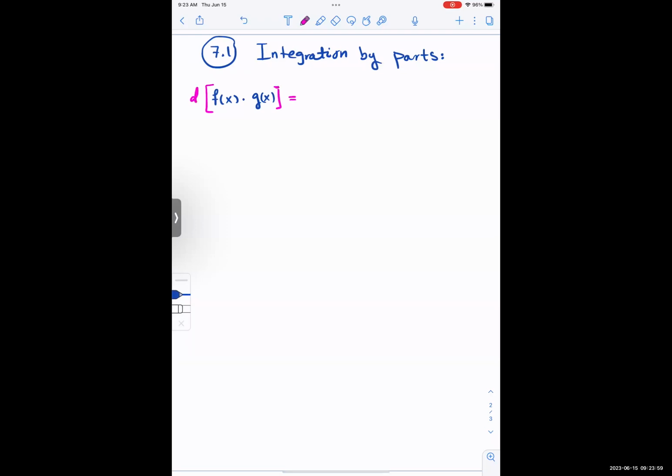I'm going to write that with d dx, the same thing as finding the derivative. When you have two functions multiplied by each other, how do you find the derivative of that? Left d right and right d left. Say it again. Left d right and right d left. Exactly. So you would say derivative of the first one times the second plus derivative of the second times the first. So I'm going to write that. So you keep one.